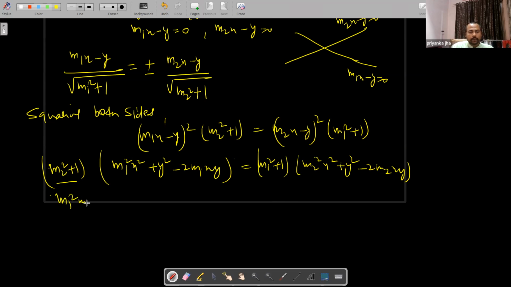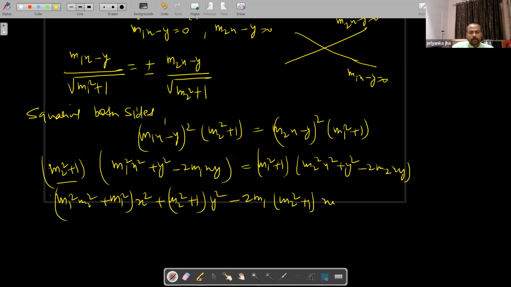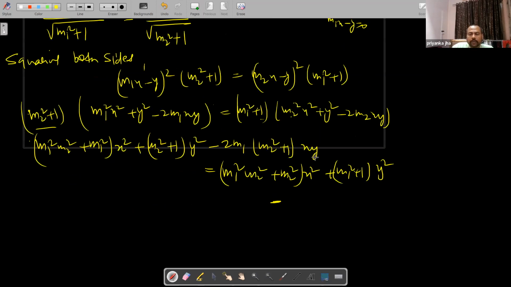This will be m1 square m2 square plus m1 square into x square plus m2 square plus 1 into y square, and here it is minus 2 m1 into m2 square plus 1 into xy, equal to this into this, that is m1 square m2 square plus m2 square into x square plus m1 square plus 1 into y square, and then minus this into this, that is 2 m2 into m1 square plus 1 into x into y.